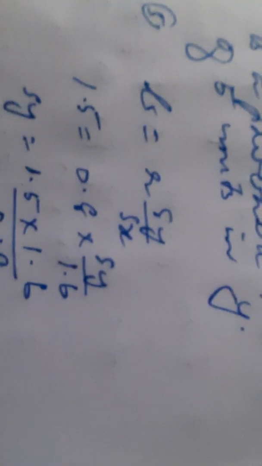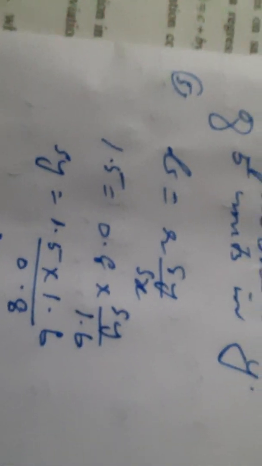Then number 5, if b is equal to 1.5, r is equal to 0.8, and standard deviation of x is 1.6, find the standard deviation of y. So we are given r, b and the standard deviation of x, and the standard deviation of y is to be found. You know the equation, b is equal to r into sy upon sx.